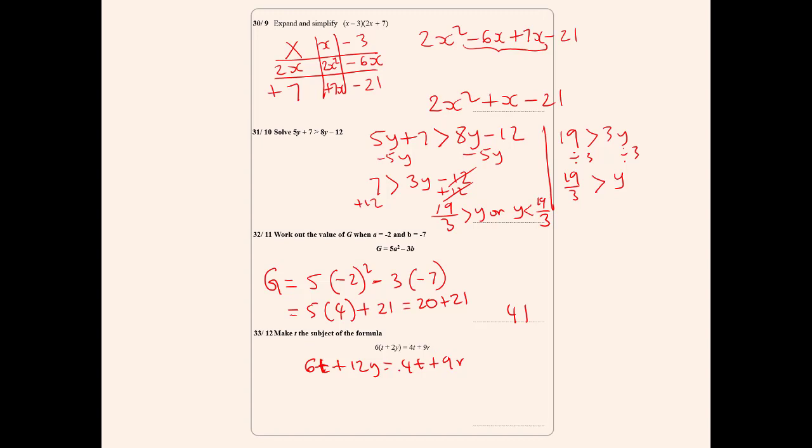So minus 4t from both sides, that'll give us 2t plus 12y equals 9r. Minus 12y from both sides, so 2t is equal to 9r minus 12y, and then divide by 2 both sides. That will give us t is equal to 9r minus 12y over 2.